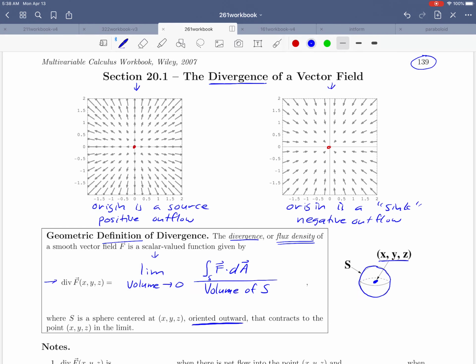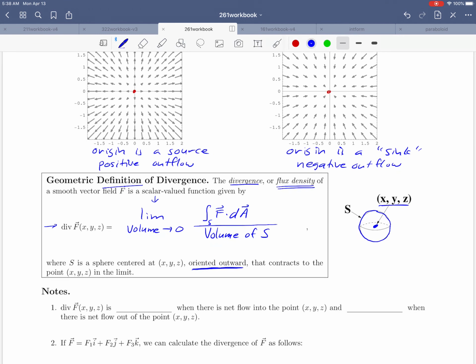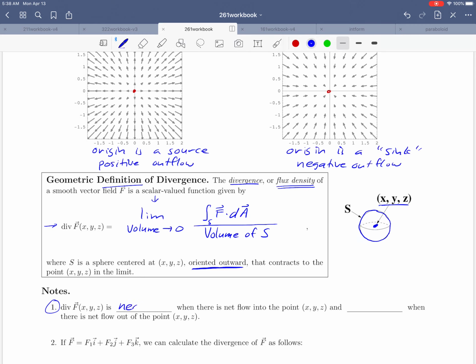A couple of notes that we can make. Starting with the first one, the sign of the divergence. The divergence is going to be negative if there's net flow into a point and positive if there's net flow out of the point, the same idea as what we saw in the two vector fields at the top of the page.